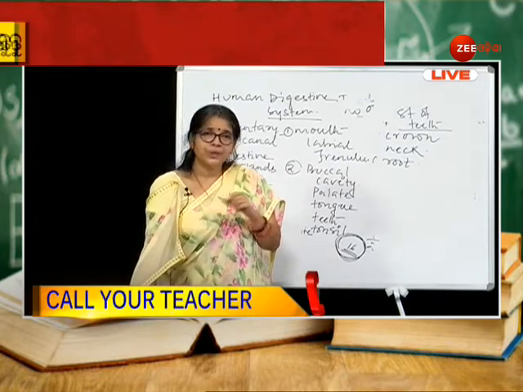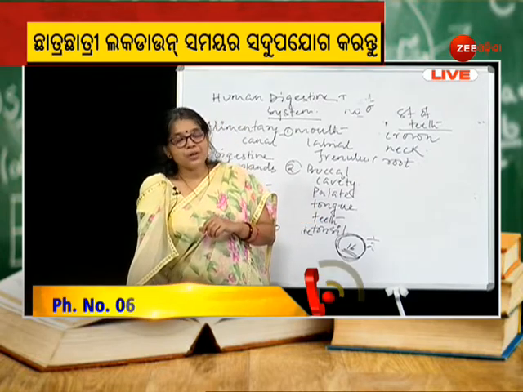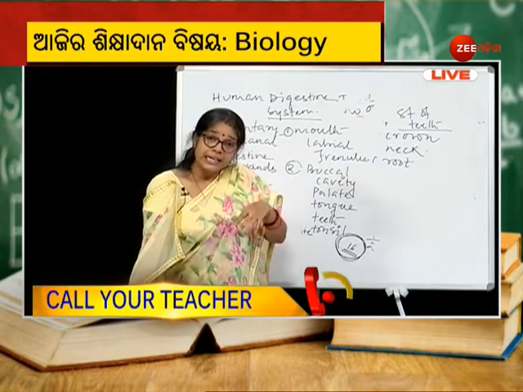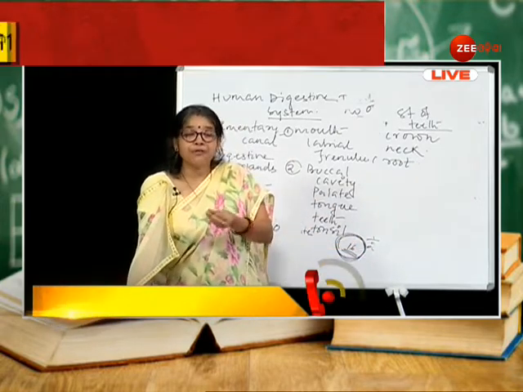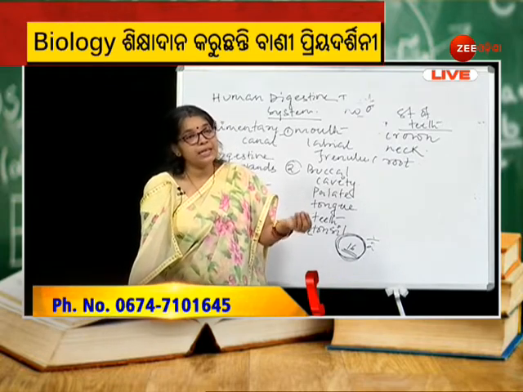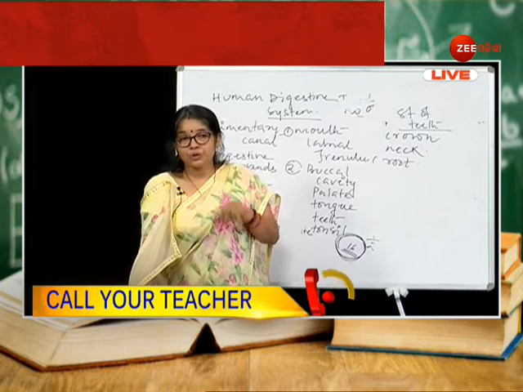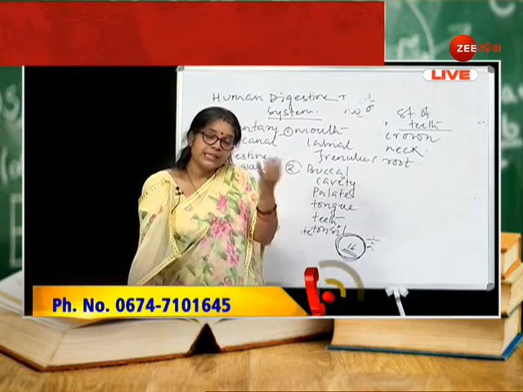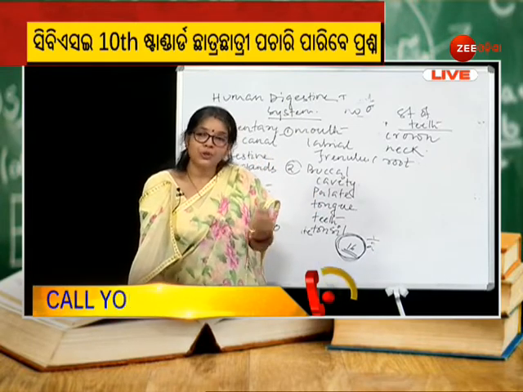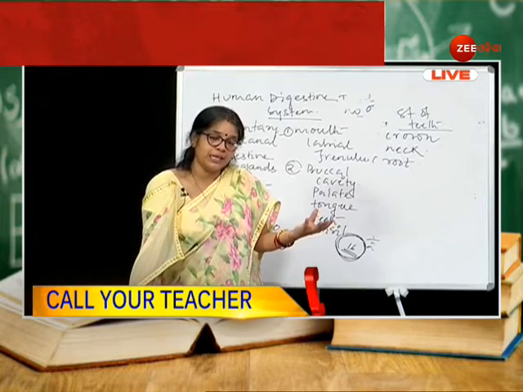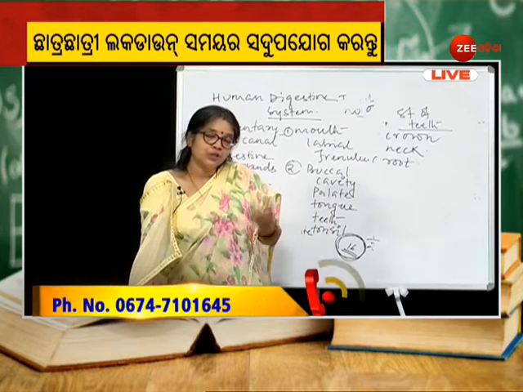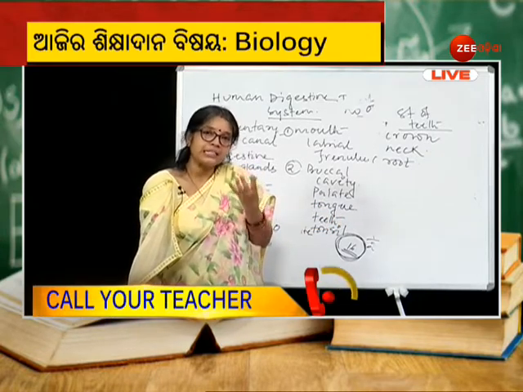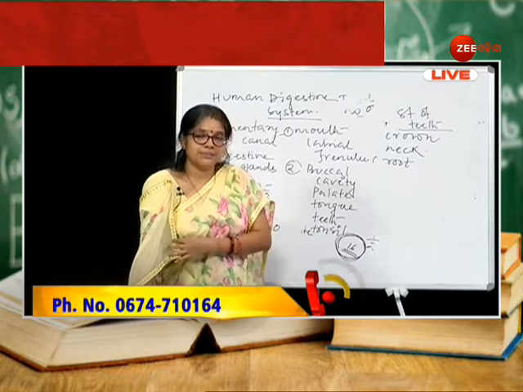For example, we take proteins, but proteins are not directly absorbed. They are digested to form amino acids, and after that they are absorbed. So, this is catabolism. Anabolism is the reverse, where simpler molecules undergo fusion to form a complex molecule, where amino acids combine to form a protein. So, this is the metabolism which provides energy for living organisms.